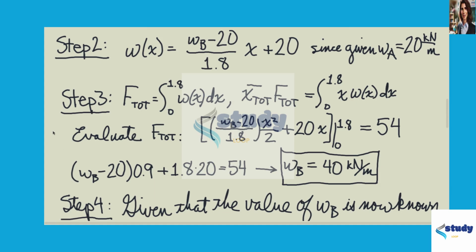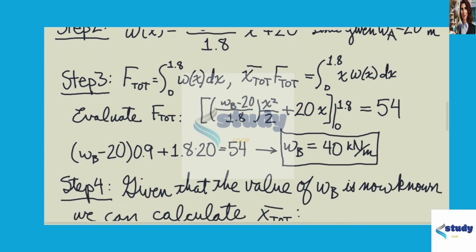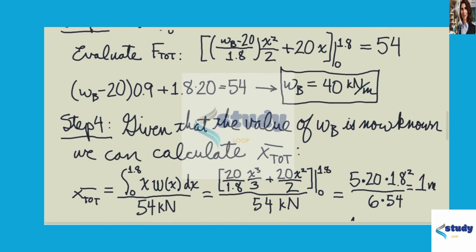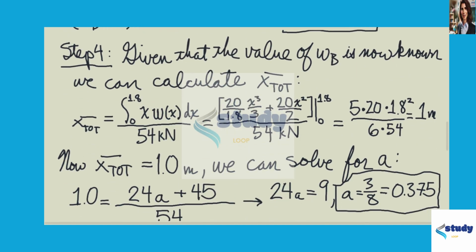We're going to leave these as magnitudes. So after some simplification, we are left with W_B minus 20, that difference times 0.9 plus 1.8 times 20, that 1.8 came from the span of the beam, equals 54. We can solve for W_B, and that comes out to 40 kilonewtons per meter. That's actually the answer to part B of this problem, just to keep things straight.